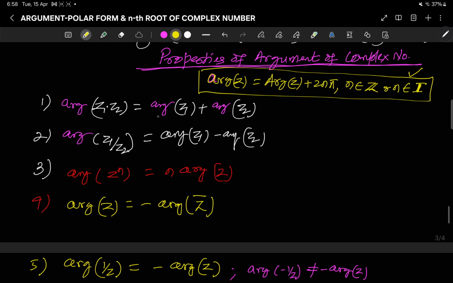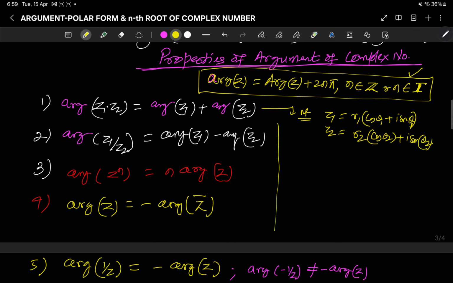Argument of z1 into z2 is argument z1 plus argument z2. If we want to prove it, suppose z1 is equal to r1 (cos theta 1 plus i sin theta 1), and z2 is equal to r2 (cos theta 2 plus i sin theta 2).